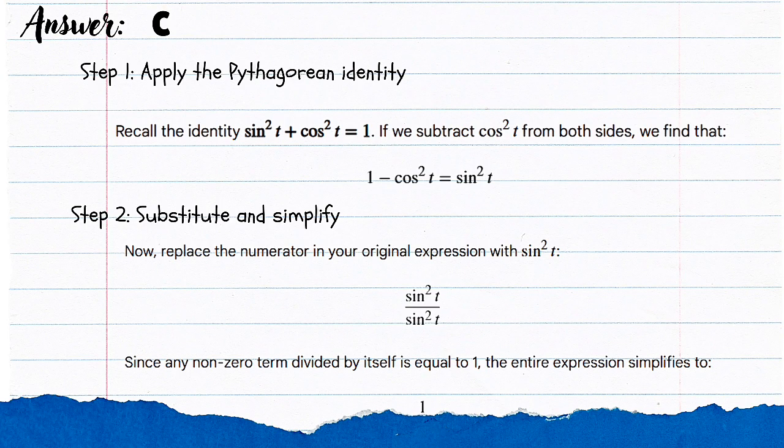And step 2 is to substitute and simplify. Now, let's replace the numerator in the original expression with sine squared t. So our expression looks like this: sine squared t over sine squared t. And if we divide these terms, we will get 1.